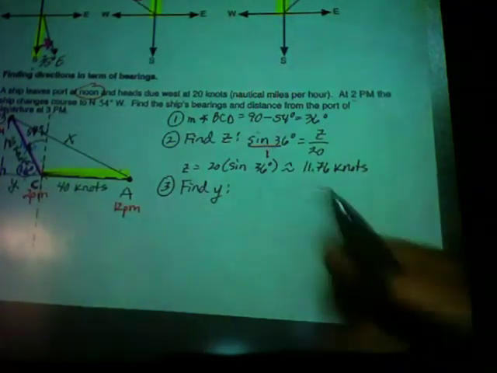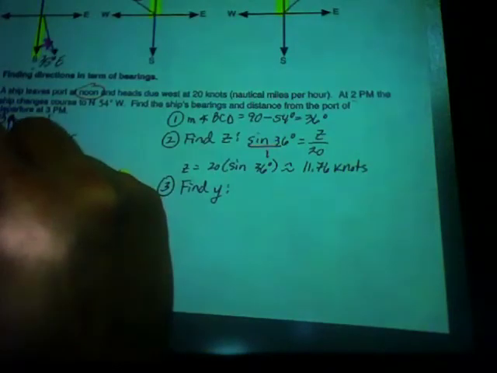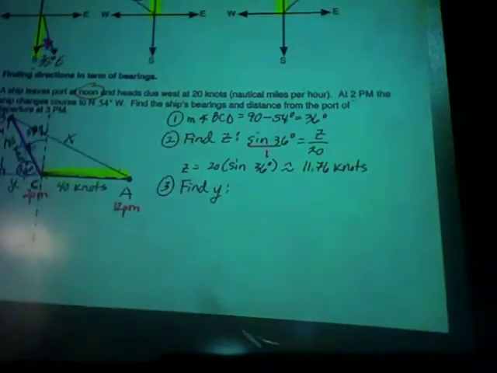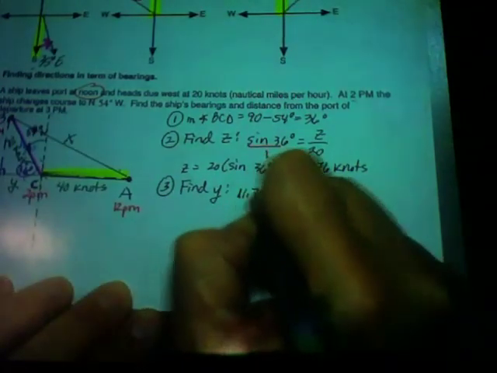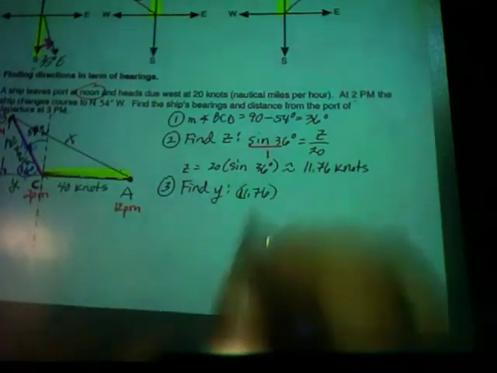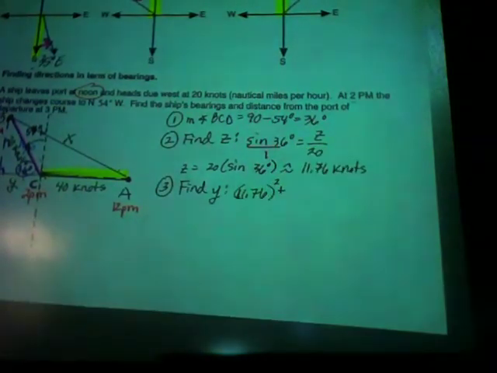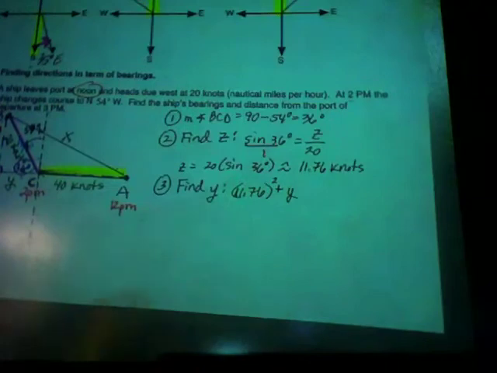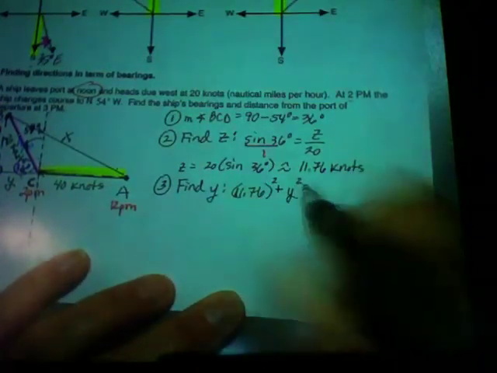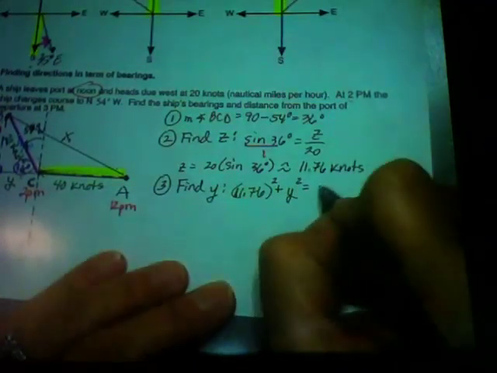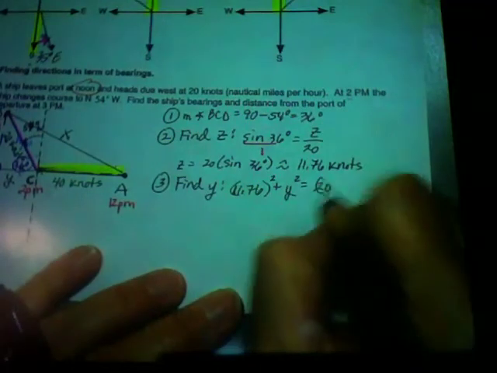We now know that Z is 11.76, right? We're going to take 11.76 and square it because that's one of the legs. And we're going to take Y and square that. We don't know that leg. And then we're going to take 20 for the hypotenuse and square that.